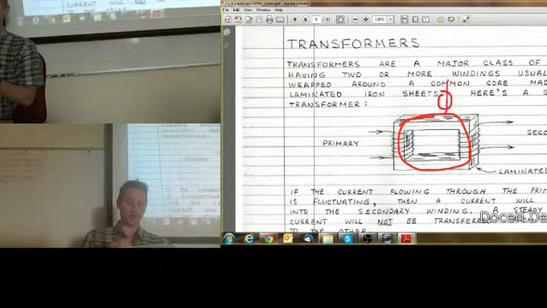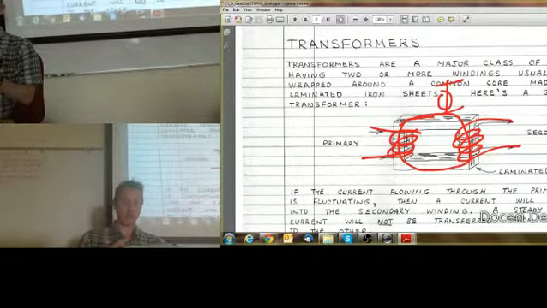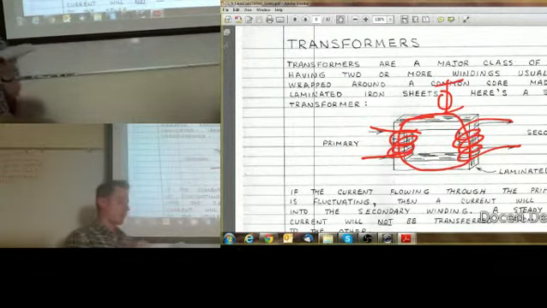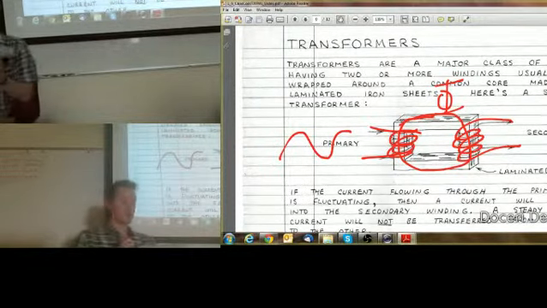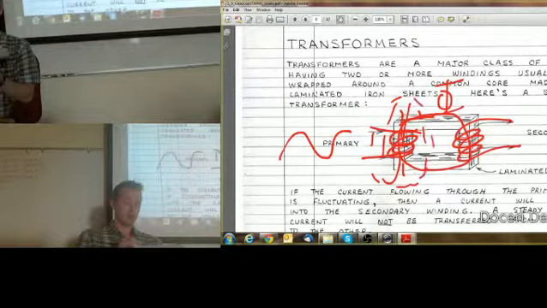We call this flux. And you'll have a coil of wire on the primary side, and a coil of wire on the secondary side. So that when you put a sine wave signal in, the magnetic field, like we said, is going to be getting small and getting large.